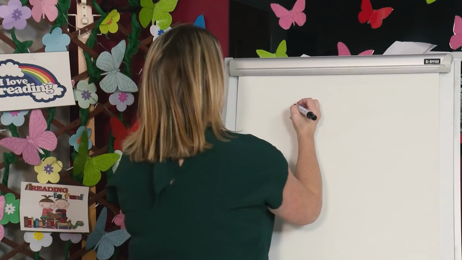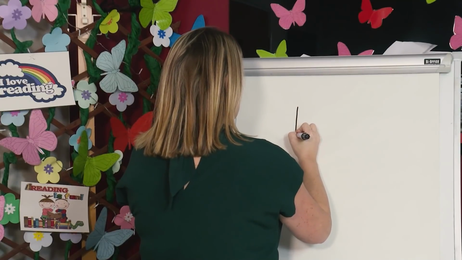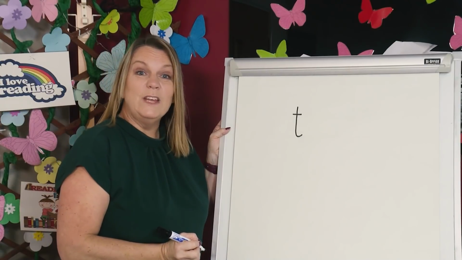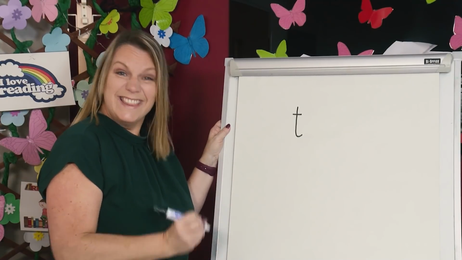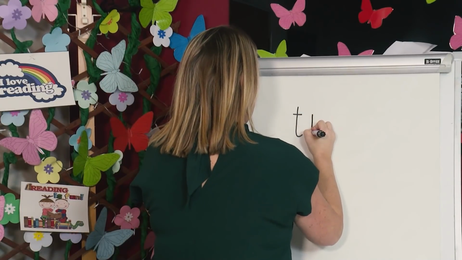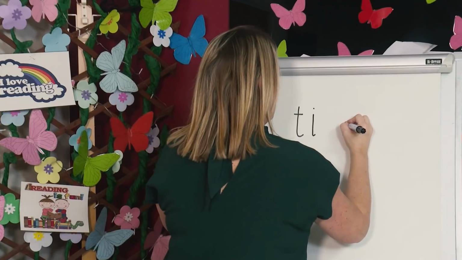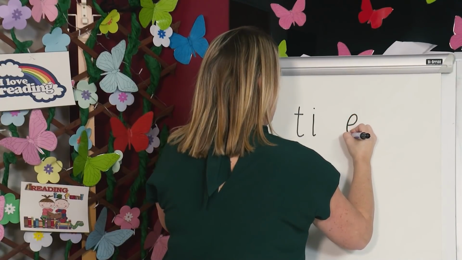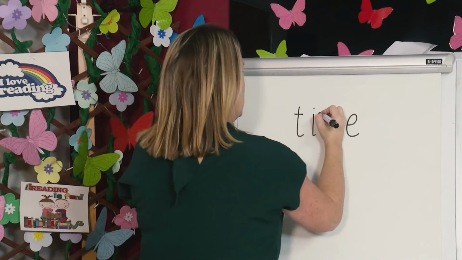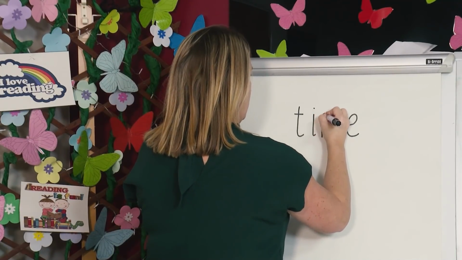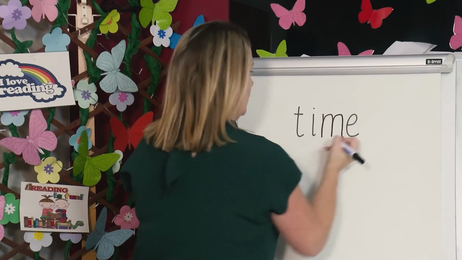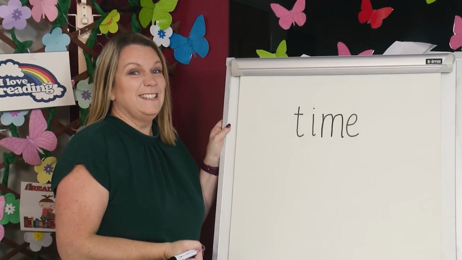T. I sound is made with the letter I and then the letter E at the end of the word, so it's written like this. Then we add the M sound in between. But you need to write the letters in the right order.